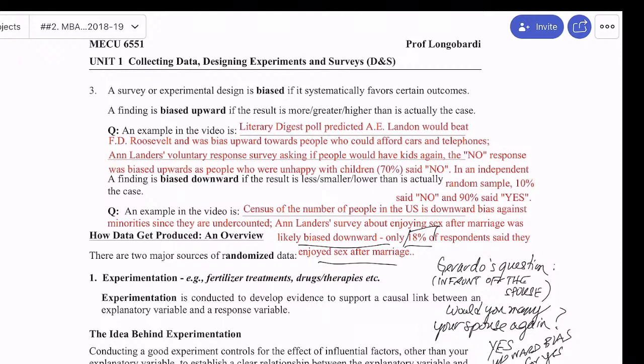And so what was done is an independent random sample was created and showed it was completely different. And so the bias was determined. So the idea of random sampling, random assignment in experiments or random sampling in surveys is to limit the possibility that there would be systematic bias that will affect your results.